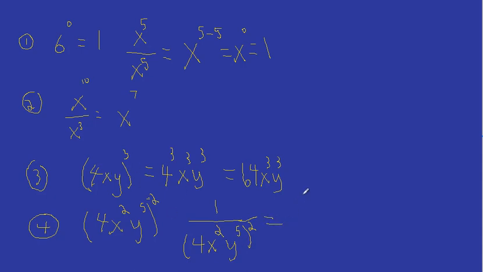So now we'll have 1 over 4 squared, which I can go ahead and write as 16. X to the 2 times 2, which is 4. And then y to the 5 times 2, which is 10. And that would be your final answer.